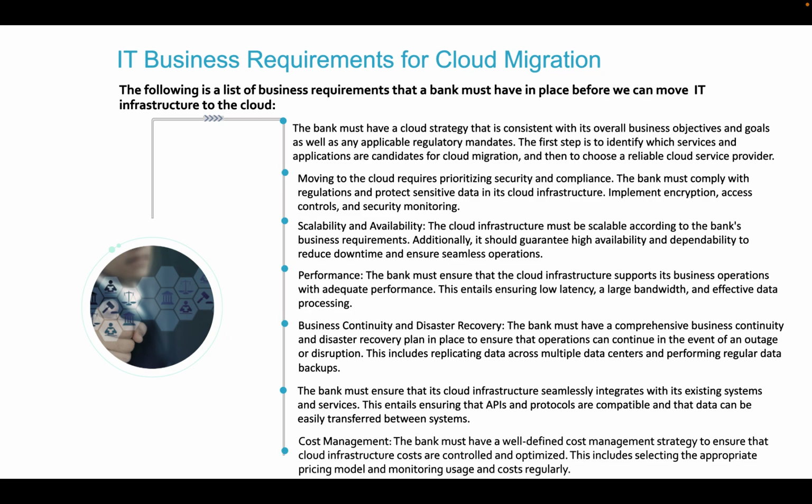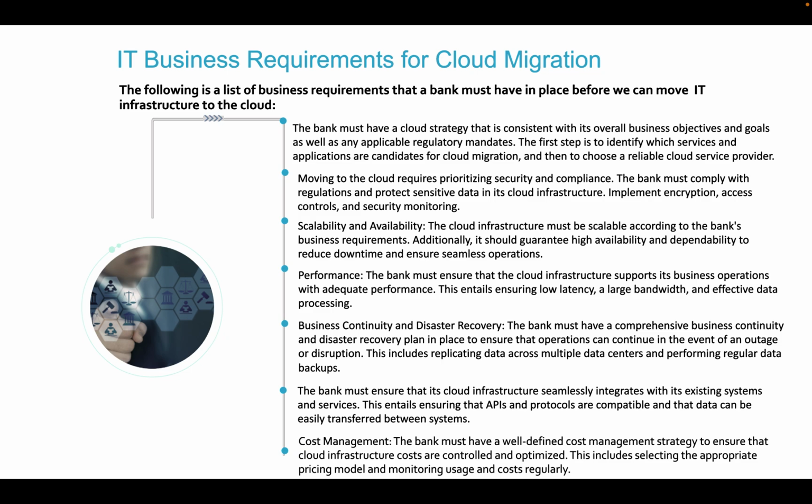So, business requirements. The following is the list of business requirements that the bank should consider from the cloud migration. Here we are talking about the cloud strategy, which should be in place to serve the overall business objective and align with the business requirements. Moving to the cloud, we have to consider compliance and security. We have to list what compliance we have to comply with.